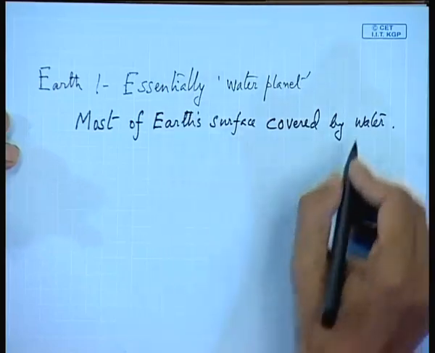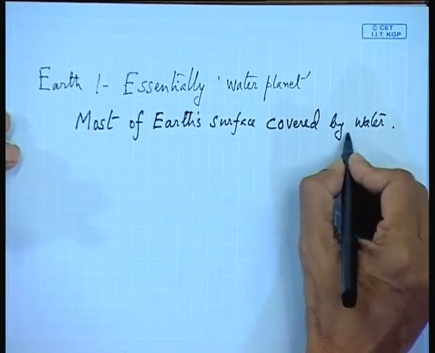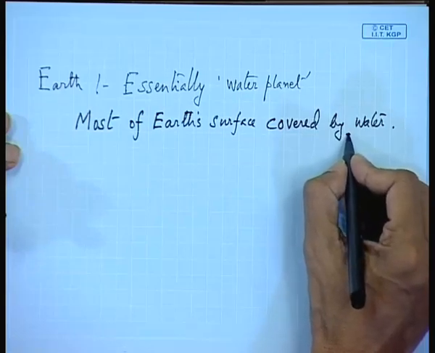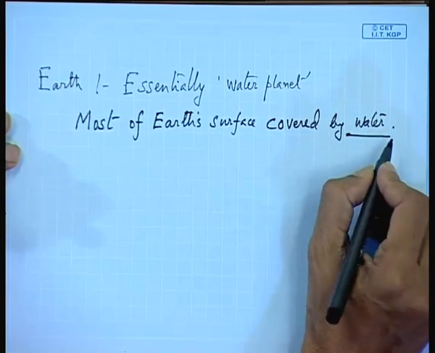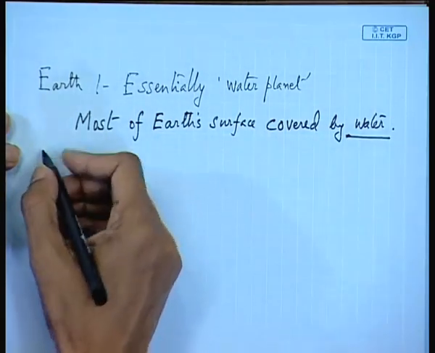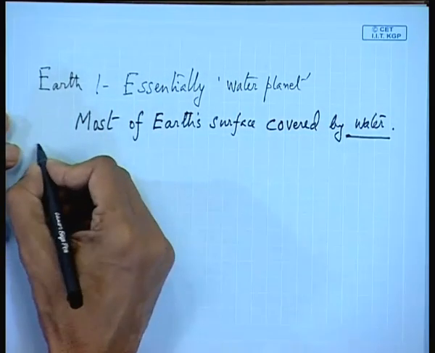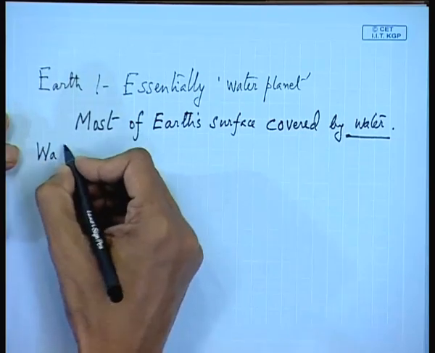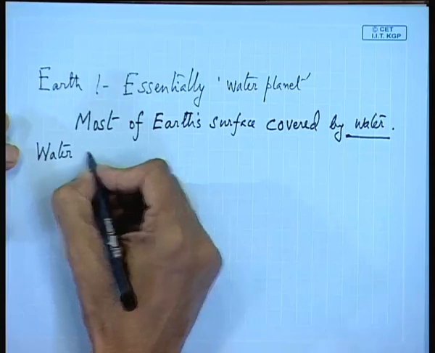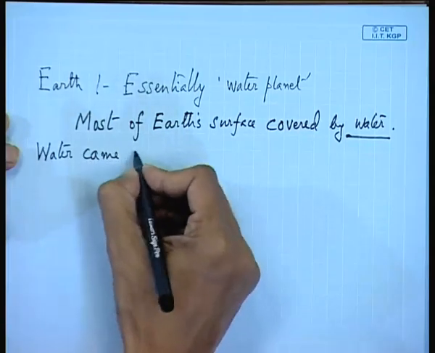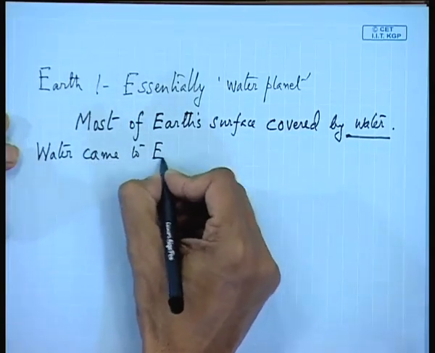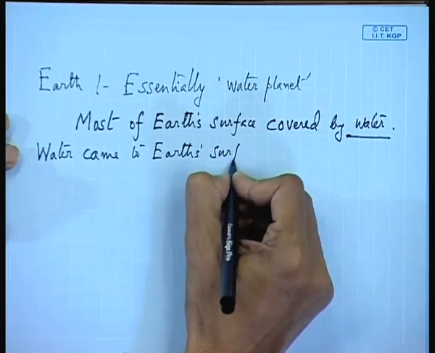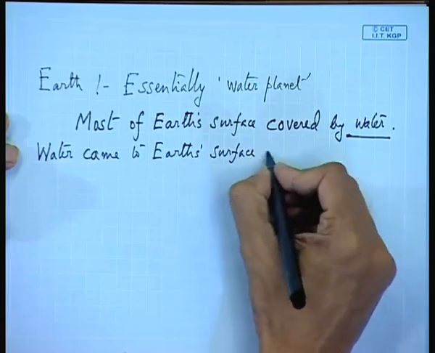Water is a very important ingredient in the elements which make up the constituents of the earth. In fact, water came to Earth's surface because of its rotational movement.